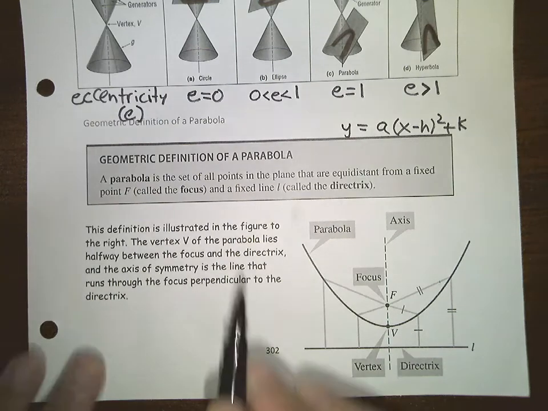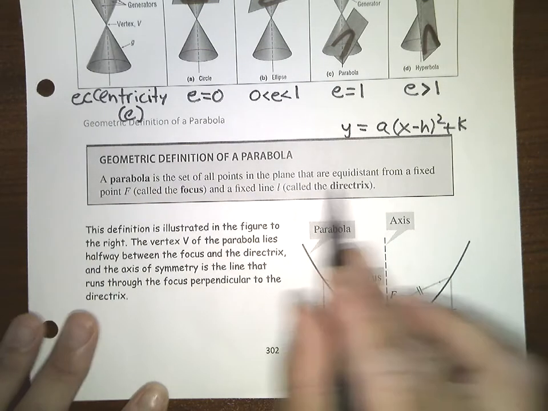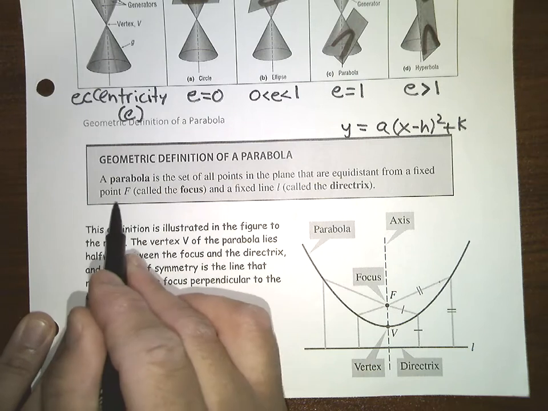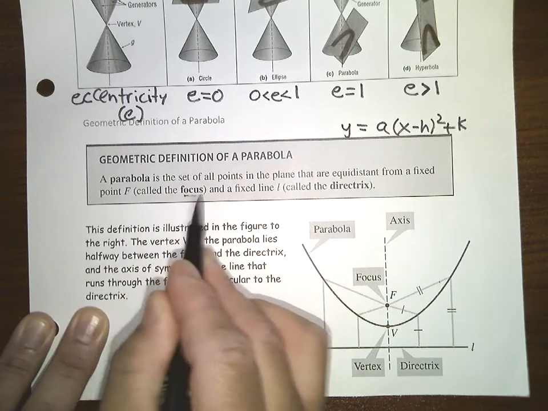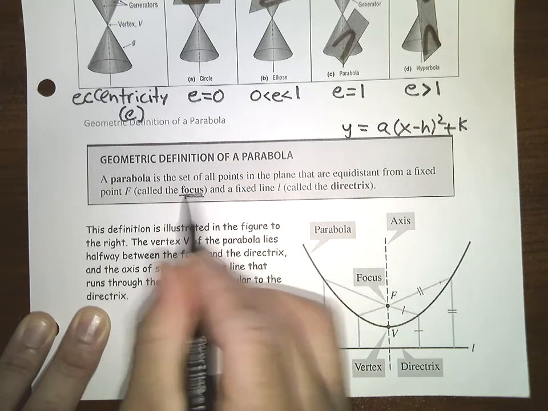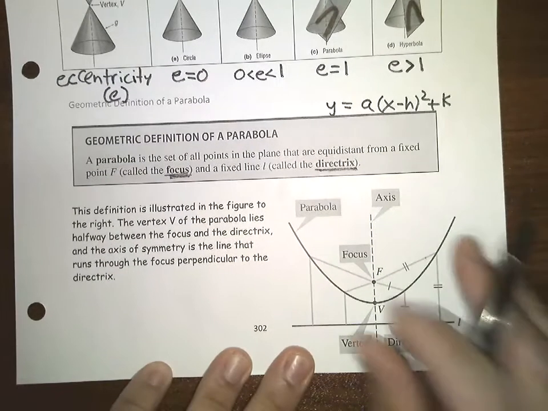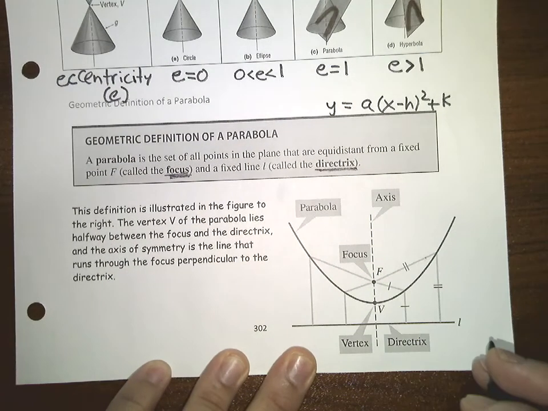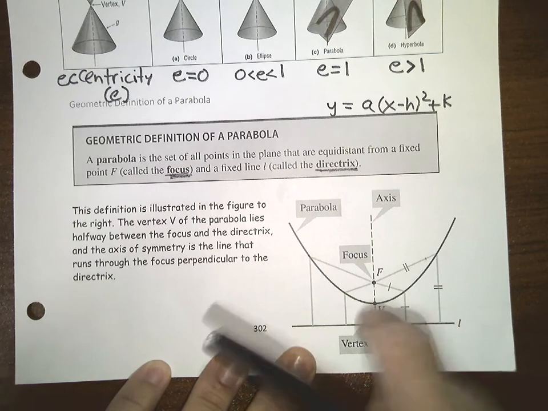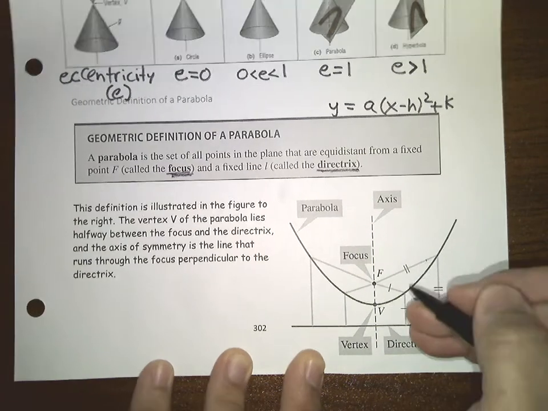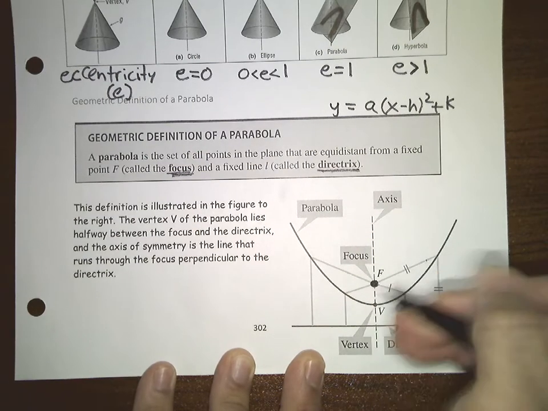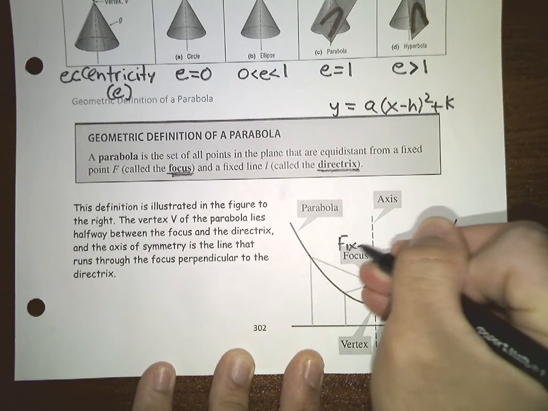But now we're going to be looking at this from a different standpoint, and another way to describe a parabola is the set of all points in the plane that are equidistant from a fixed point F, called the focus, and a fixed line L, called the directrix. If you look at this diagram, here's the focus, and the focus is fixed.